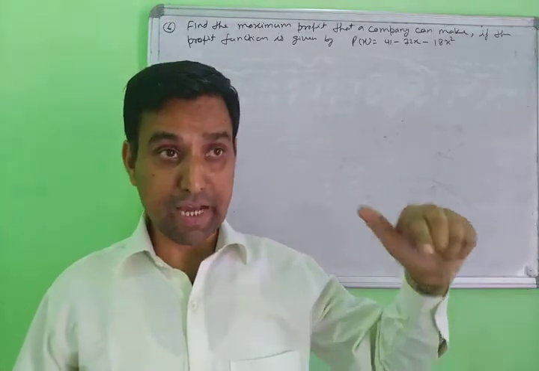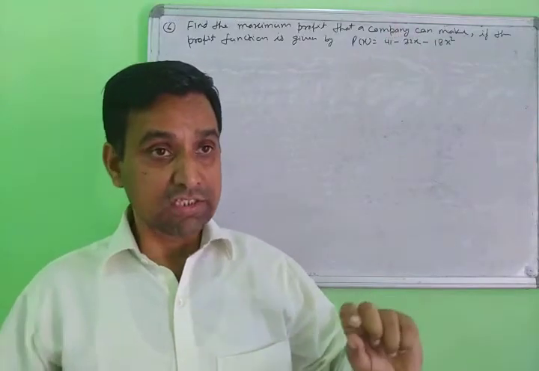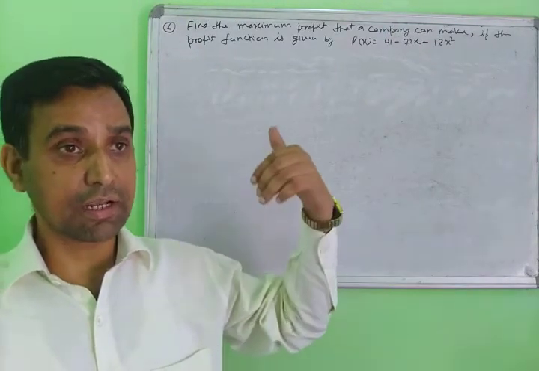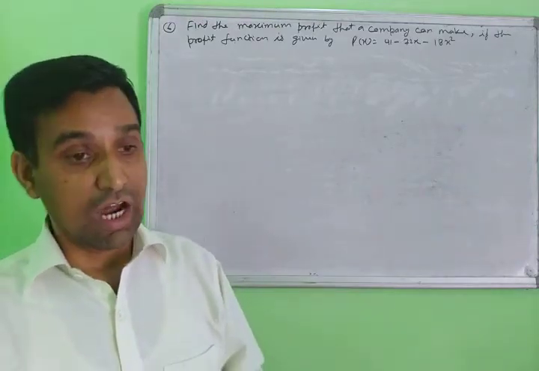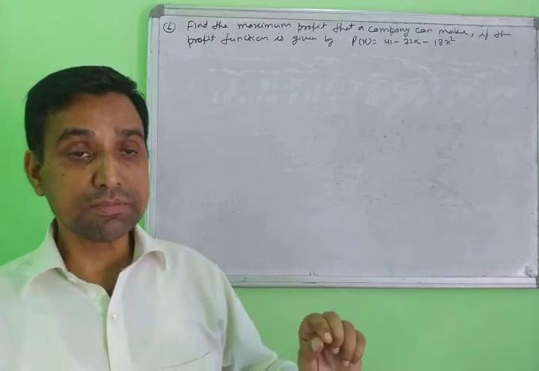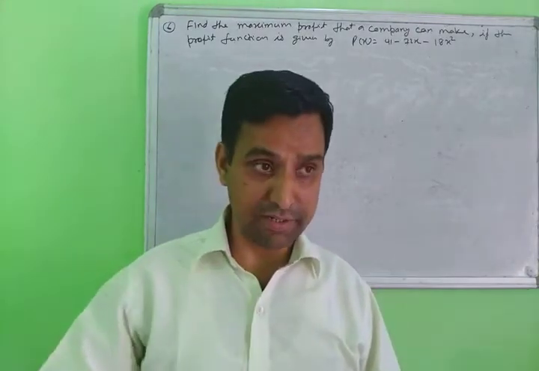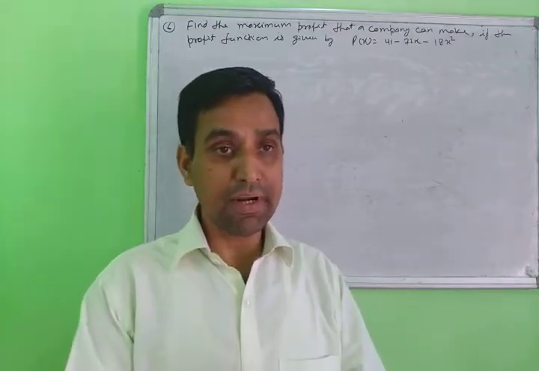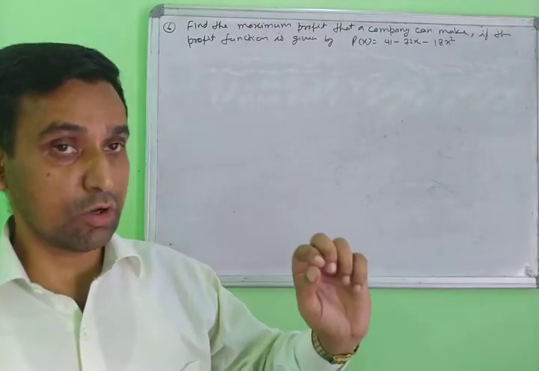Suppose your critical point comes in the maxima, then the company takes the maximum profit. Or suppose your critical point comes in the minima, then the company is taking the minimum profit. It depends on the situation of the critical points.